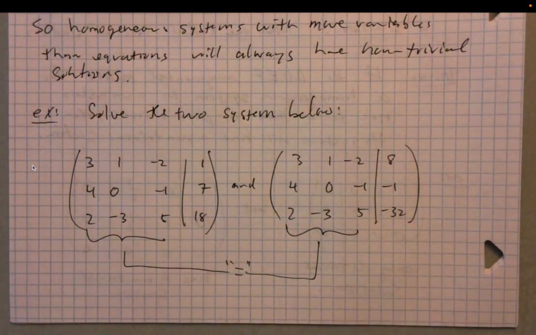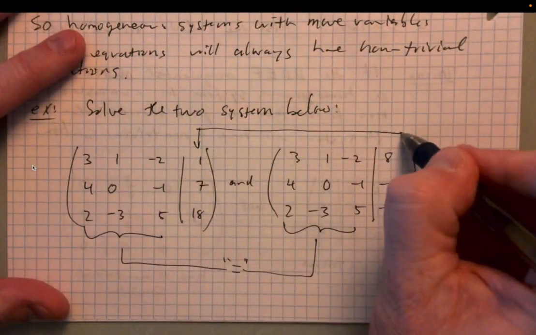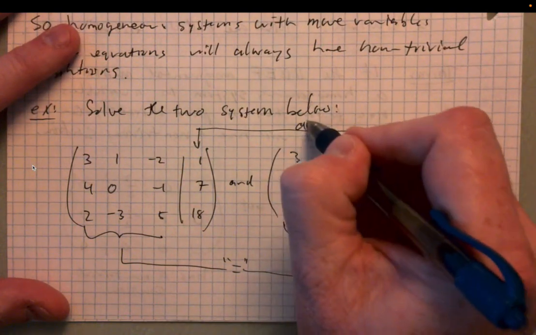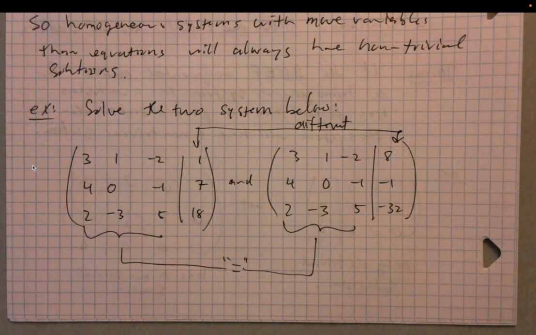So they're equal. They have the same coefficient matrix, but the scalars are different. Okay, so they've got different scalar matrices, but the coefficient matrices are identical for these two.